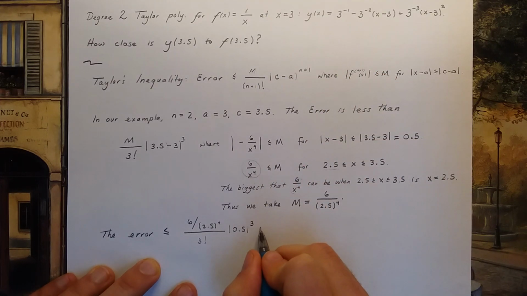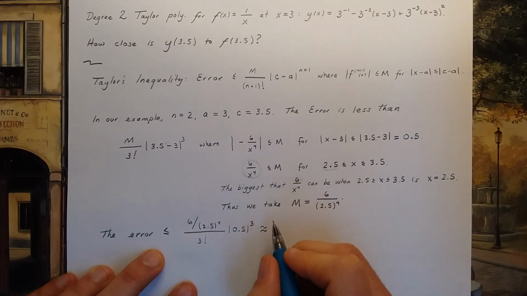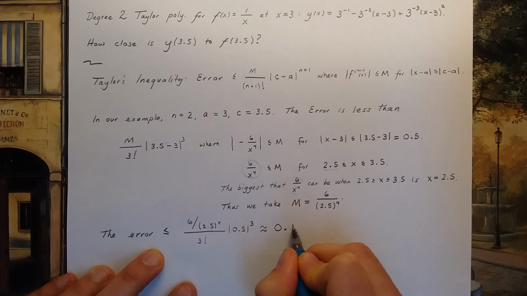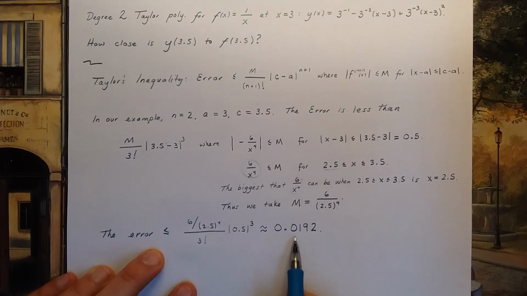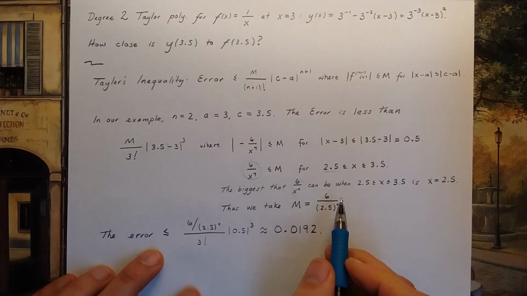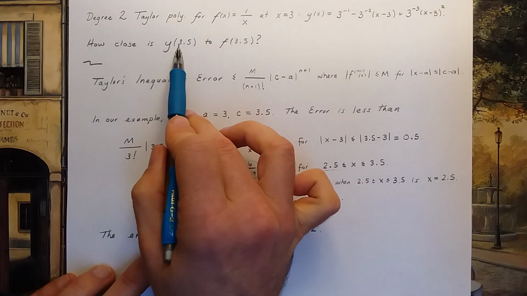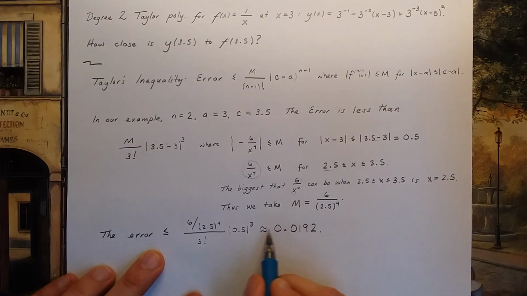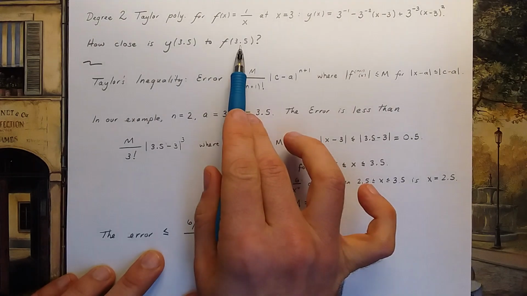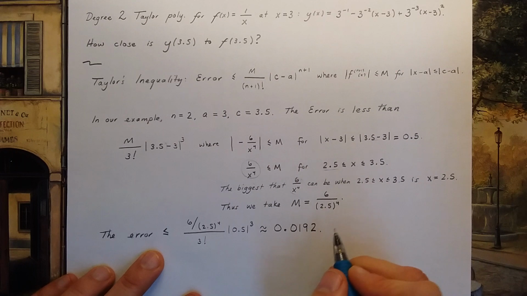Now if you plug this into a calculator, you will get 0.0192. So at most, the difference between 3.5 in the polynomial and 3.5 in the function is this number. This is the worst possible case of my error when I plug in 3.5 to these two things. The actual error is probably even less than this.